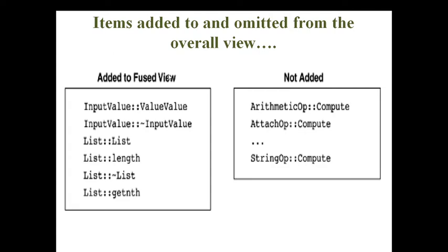All the variables which we need are going to be included in the fusion view. But all the functions which take input at the time of execution, we have to omit because we can't execute and can't get the output. So from here we have to start the process.